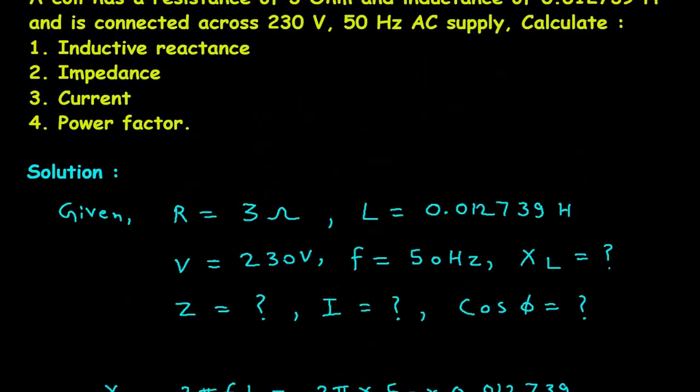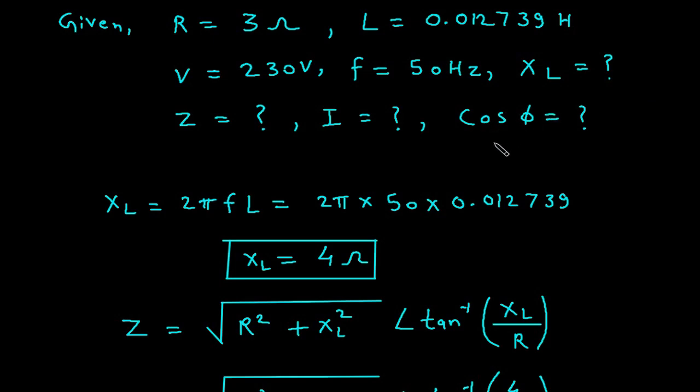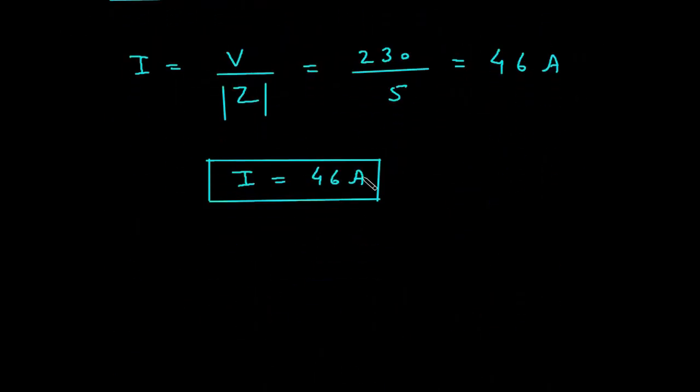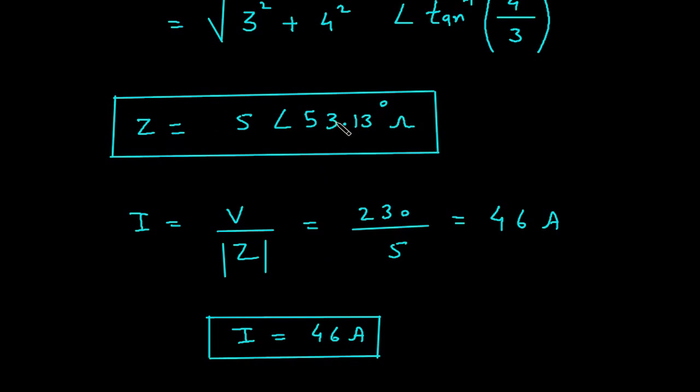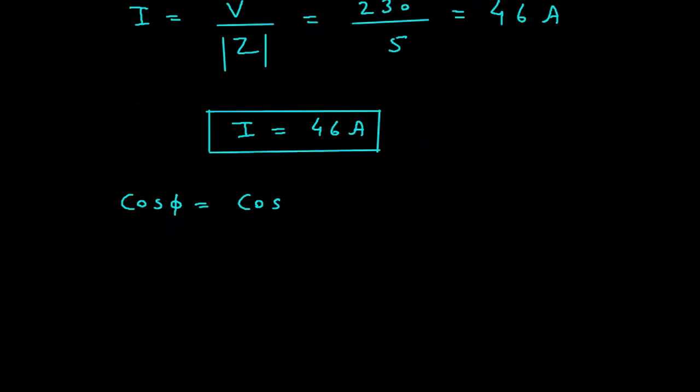Then lastly we have to find cos phi. Cos phi is the power factor and it is equal to cos at an angle of phi. Now here we can see the angle of phi is 53.13 degree.